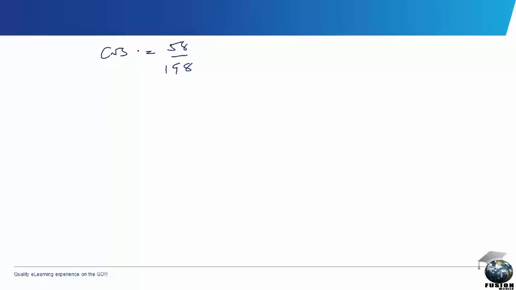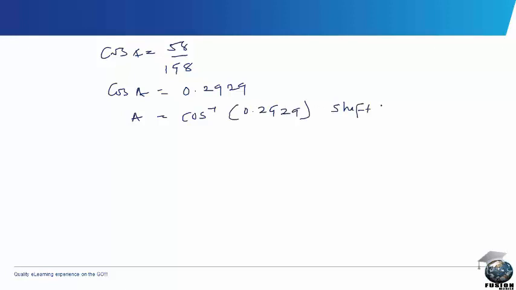When you divide this, you have that cos A is equal to 0.2929. To find A, we have to take the cos inverse of 0.2929. All you have to do is press shift and then cos on your calculator.